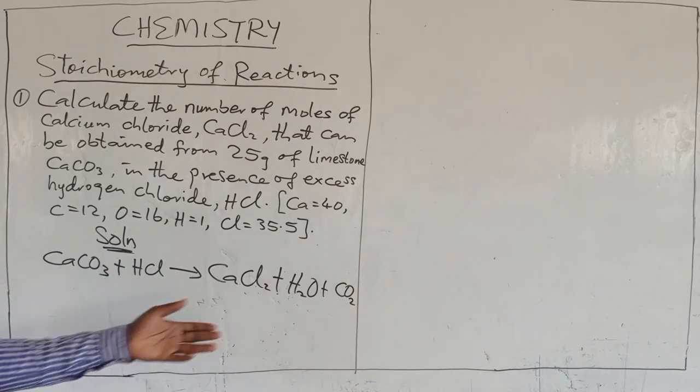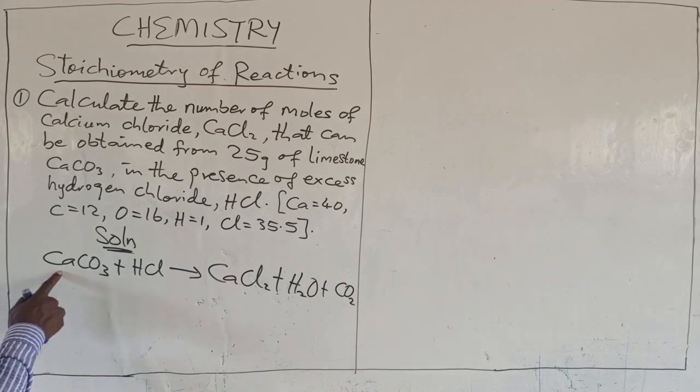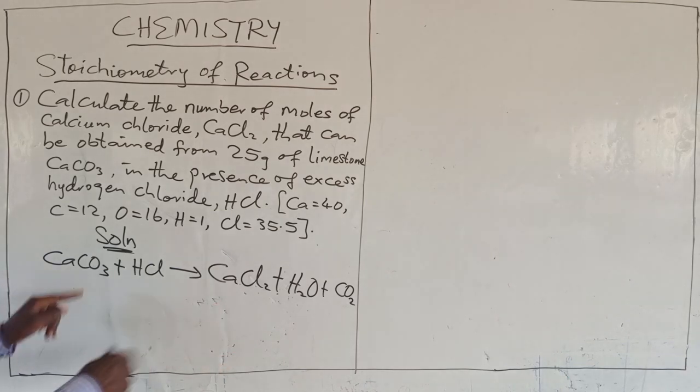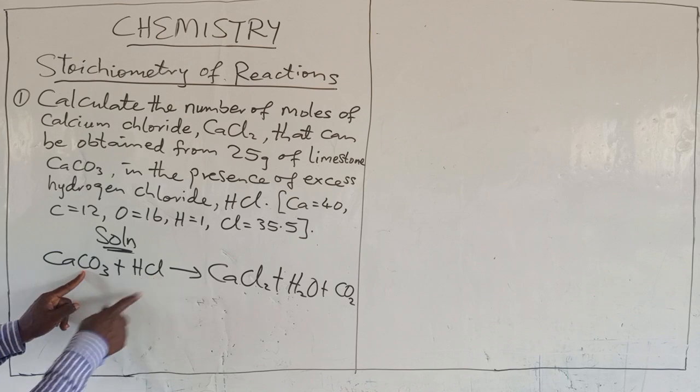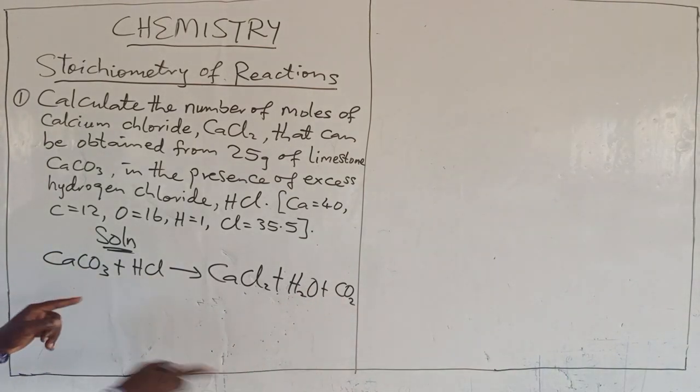When you get that, balance the equation. Calcium is 1 here, calcium is 1 here. We move on. It's balanced. Carbon is 1 here. Do not mistake Cl for carbon. This is Cl. Carbon is 1 here, carbon is 1. It's balanced.